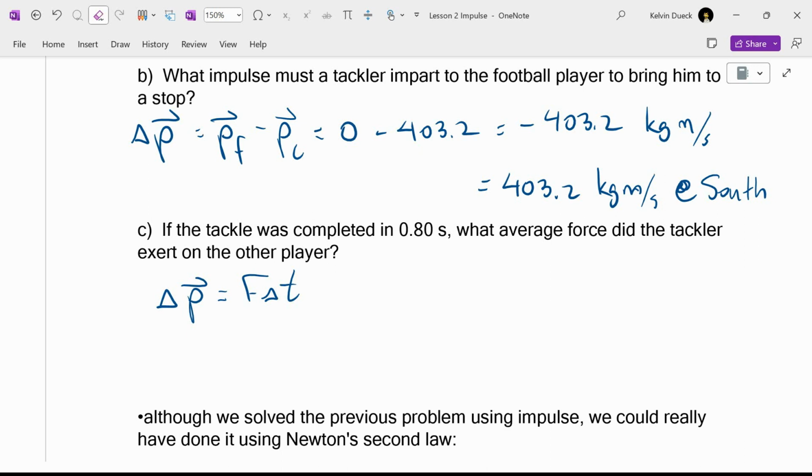Get the F by itself. F is going to be the impulse divided by the change in time. It's going to be negative 403.2 divided by 0.8.